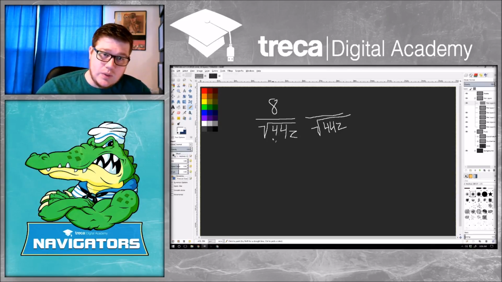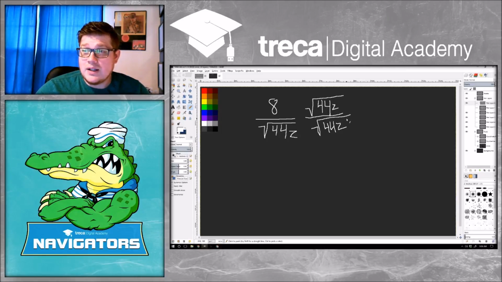So we want to multiply the square root of 44z by the square root of 44z to cancel out the square roots. But we can't change the value of this problem. And by multiplying it by 1 over the square root of 44z, we are definitely changing the value. So to prevent that, we're going to put the square root of 44z in the numerator and the denominator.